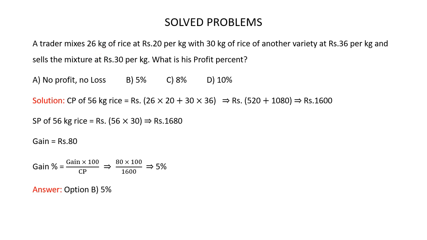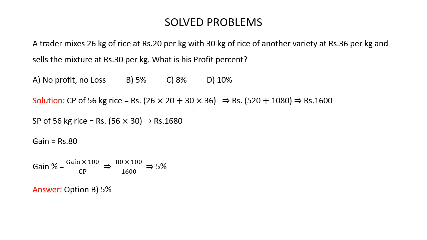So cost price of 26 kgs of the first variety of rice will be 26 multiplied by 20. Now the cost price of the second variety of rice is rupees 36 per kg. Now there are 30 kgs of the second variety. So the cost price of 30 kgs of rice of the second variety is 30 multiplied by 36.